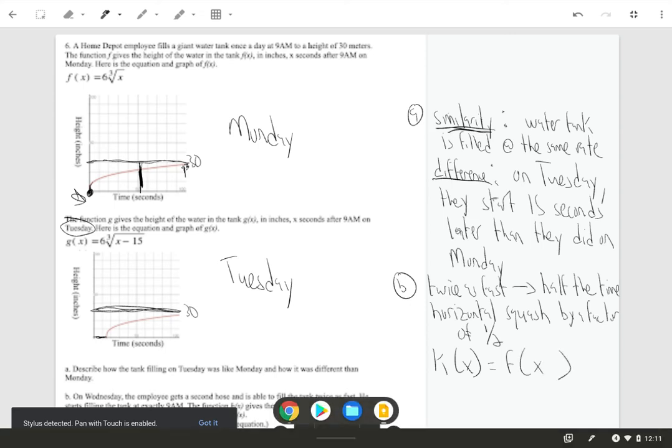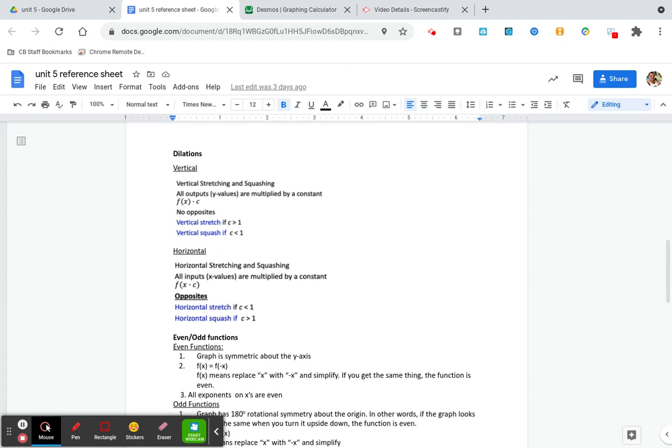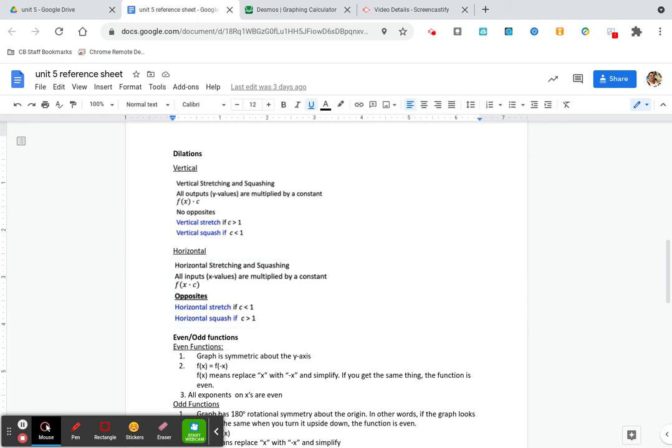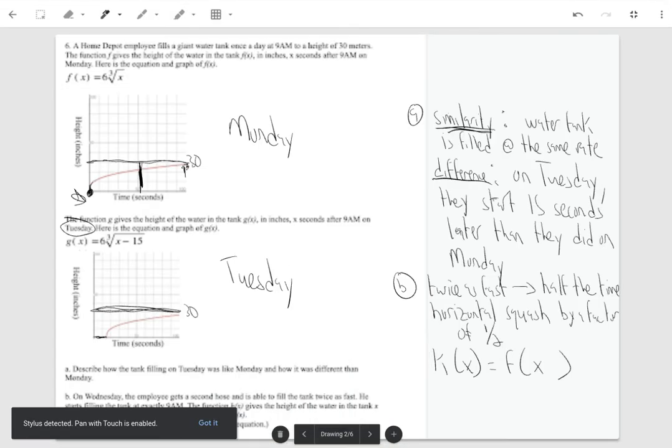Let's go back and look at our reference sheet. We're doing a horizontal squash. However, we're doing a horizontal, which means the times is going to go inside the parentheses. But because it's a horizontal squash, I have to do the opposite. So the opposite of multiplying by 1/2 is going to be multiplying by 2. So I'm going to put the times 2 inside the parentheses.